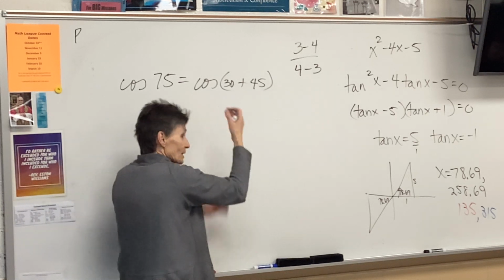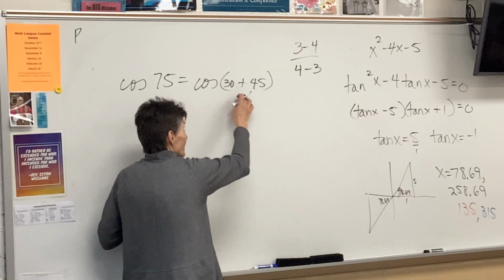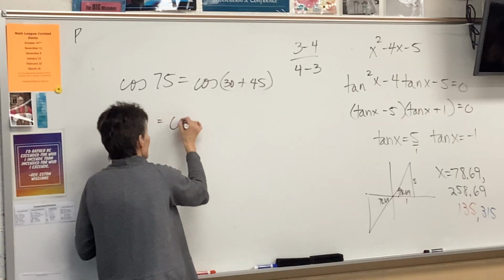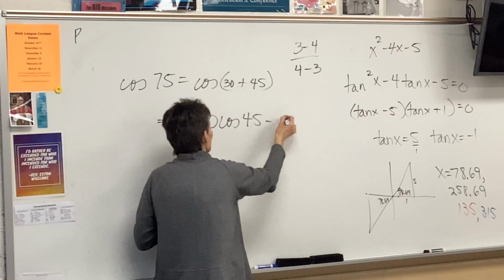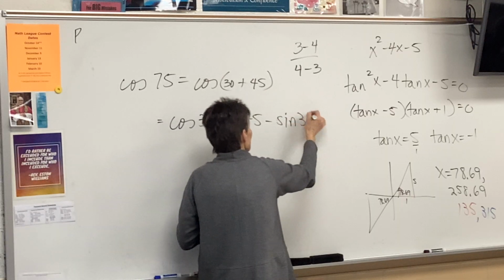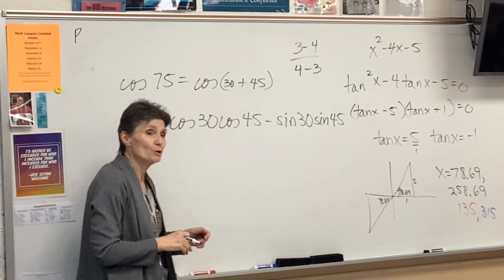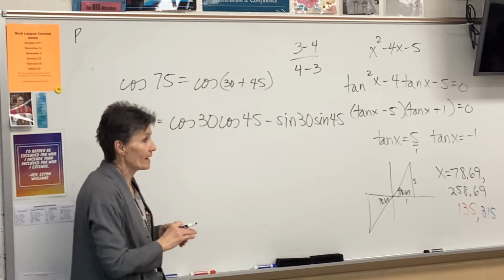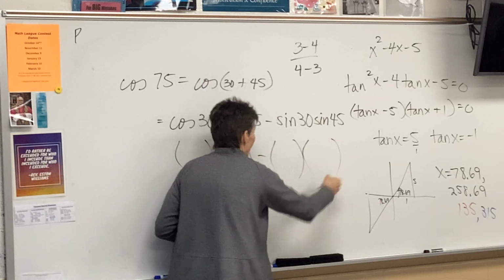Then, let's say we're going with 30 and 45. So that's U plus V. So I look at my sheet, and that's cosine U, cosine V, minus sine U, sine V. Once you figure out what your U and V are, then you're gonna find your formula and write it down. Then we gotta plug in all of these.